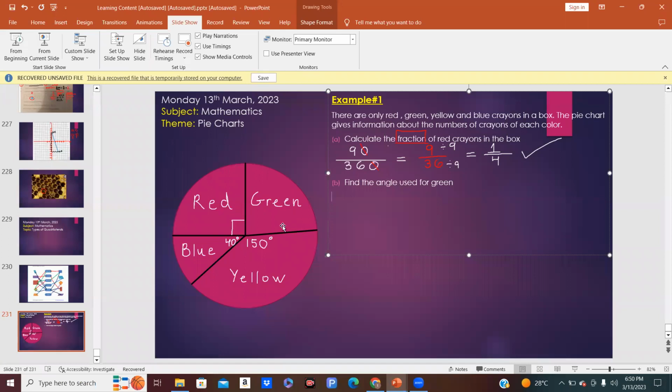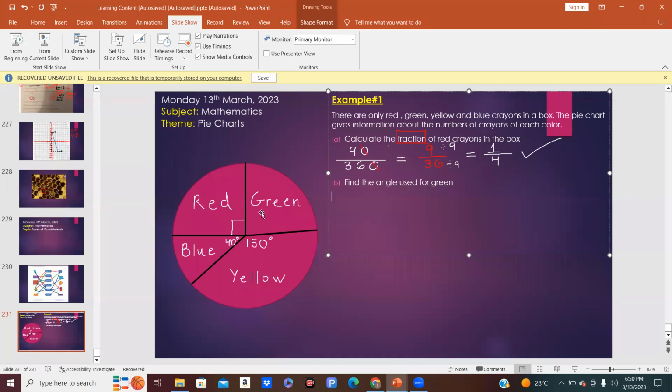We know this is 90, this is 40, this is 150, so the only thing that's left is the green. So we subtract 90 plus 40 plus 150 from 360, and we get the green.